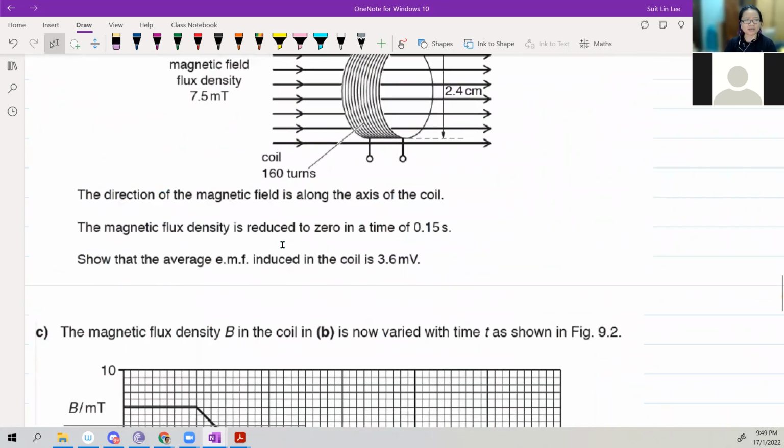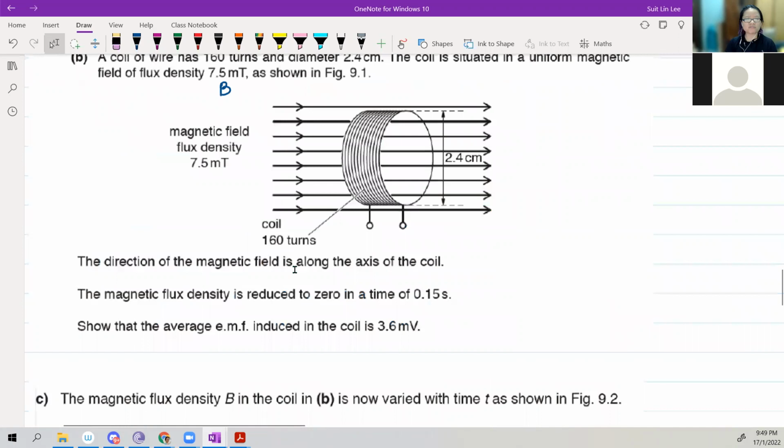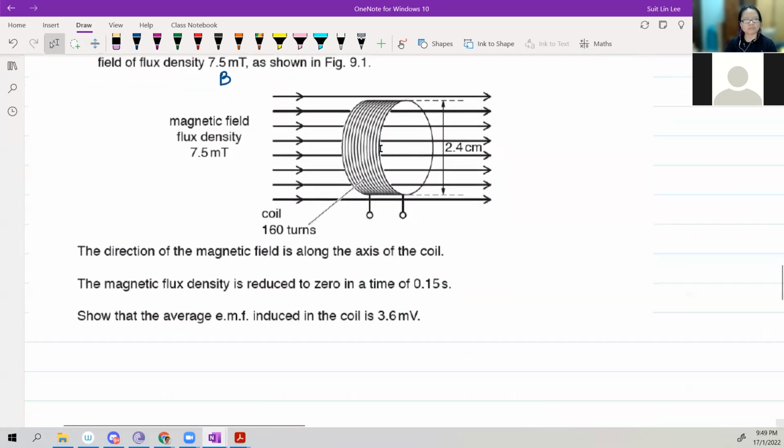Now we know how to find the area. So the direction of the magnetic field is along the axis of the coil like this. Beautiful. So it's 90 degrees. Full penetration. Magnetic flux density is reduced to 0. So from 7.5 millitesla, I drop to 0.